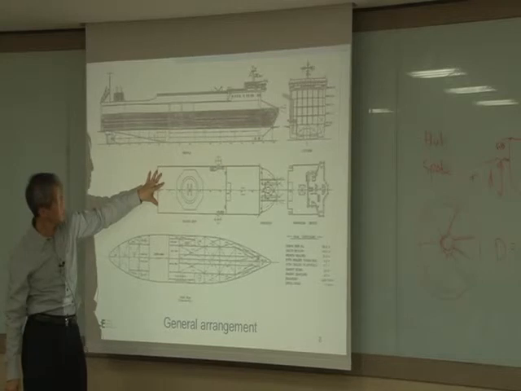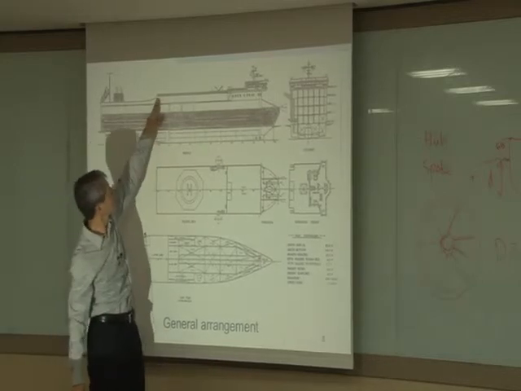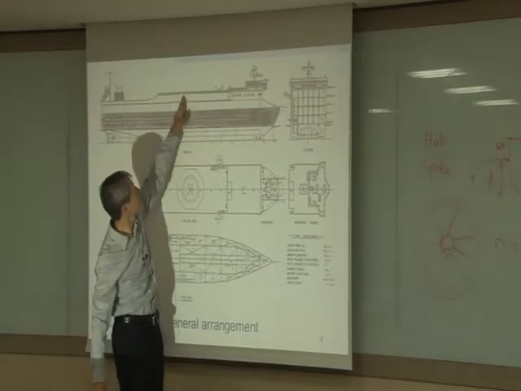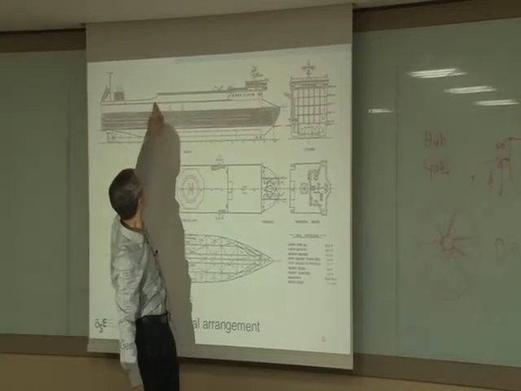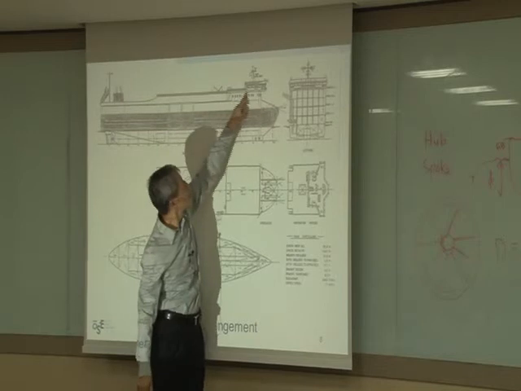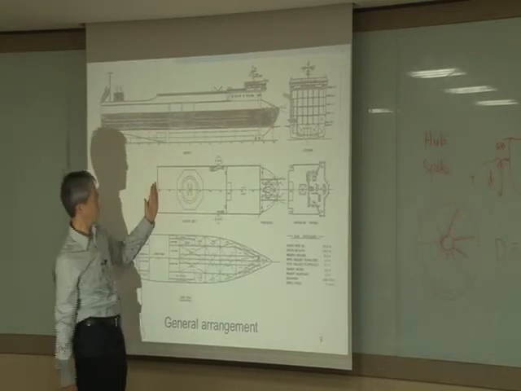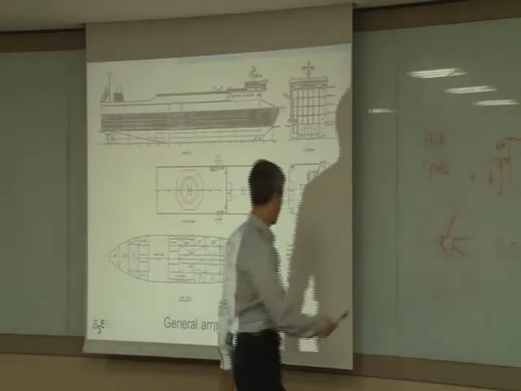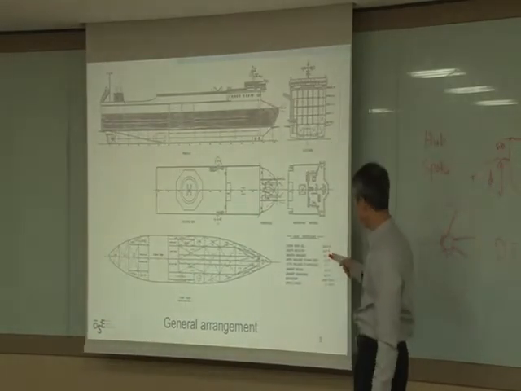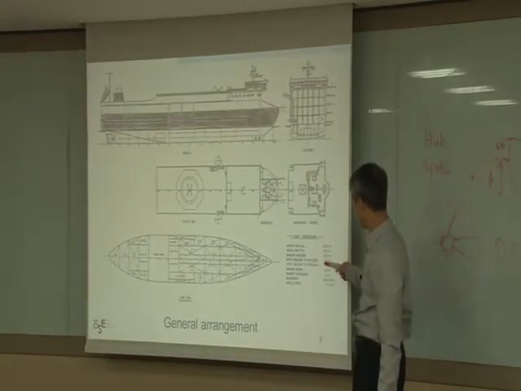This is a shelter deck. Shelter deck is around somewhere here. Right? This deck, probably this line. No, this line. Up to here. Okay. Length overall is 122. Deadweight, service speed is 70 knots.